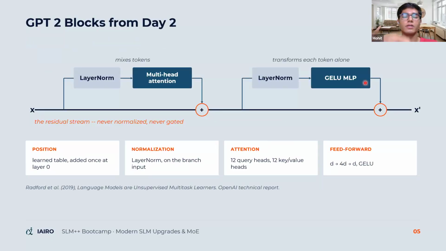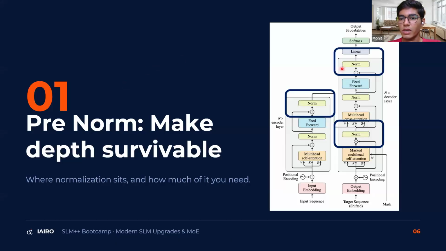So let's get into the very first discussion. We will majorly look into these two layers of GPT-2 blocks of a transformer architecture. Whenever I refer to a GPT-2 block, it would be the vanilla transformer architecture, which would be this. So maybe you can take a screenshot or a photo of it, and we will be referring to it again and again in today's session, as many times as we can.